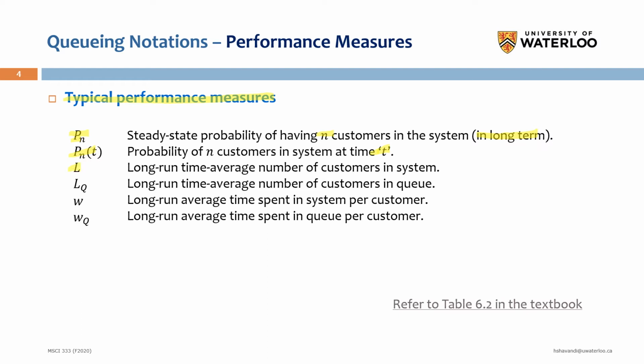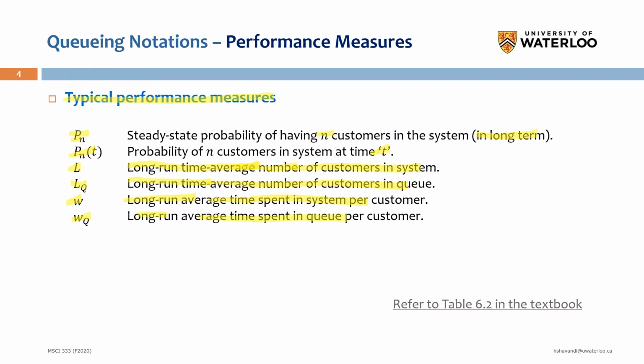L is the long run time-weighted average number of customers in the system. And LQ, you know this, you calculated this in your assignment 1, I guess. It is the long run time average number of customers in the queue. W is the long run average time spent in the system per customer, and WQ is the long run average time spent in the queue per customer.